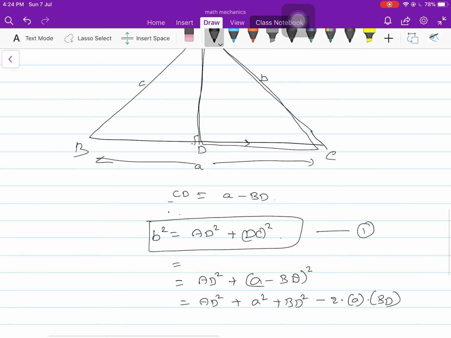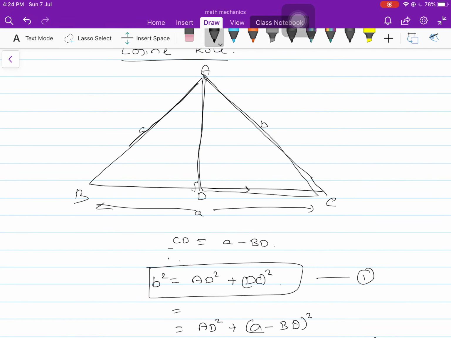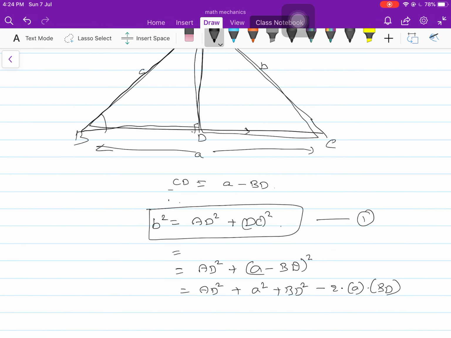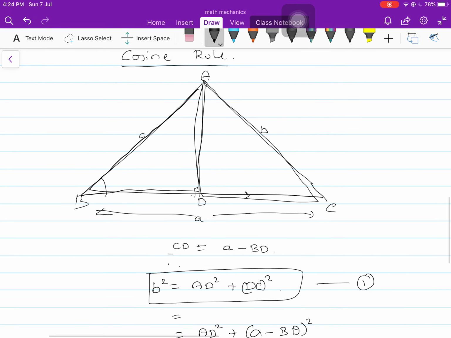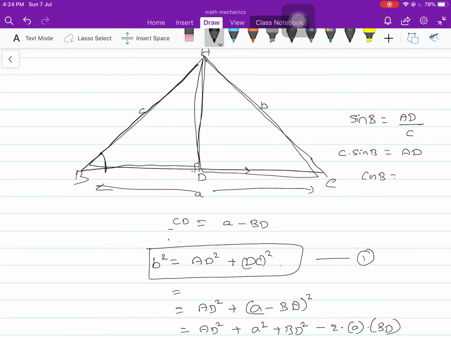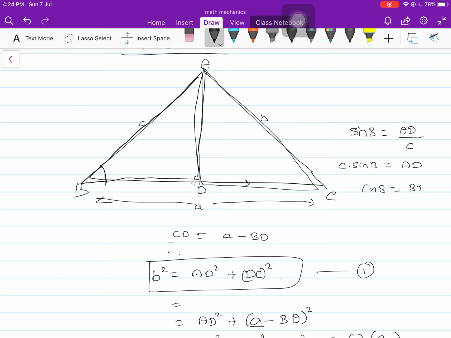Okay, now we are going to use this right angle triangle and prove some things. So in this right angle triangle, the sine of angle B will be opposite side, which is AD, divided by hypotenuse, which is C, or AD is equal to C times sine of angle B, and cos of angle B will be adjacent side BD divided by hypotenuse C, or C times cos of angle B is equal to BD.